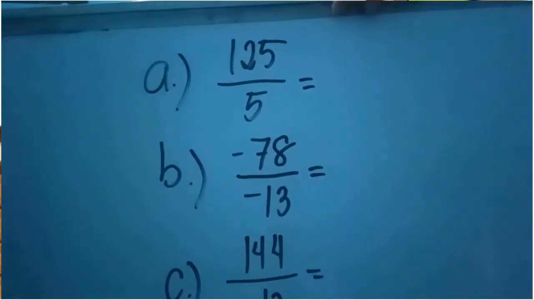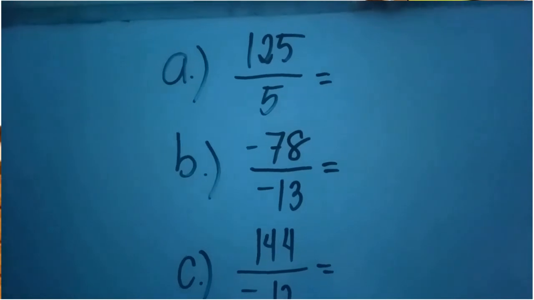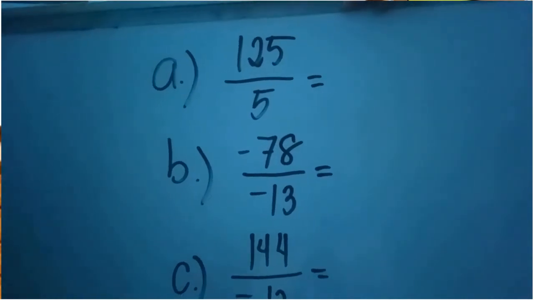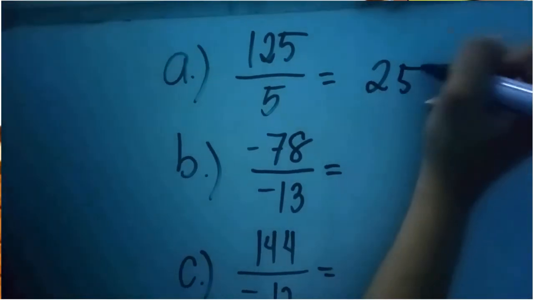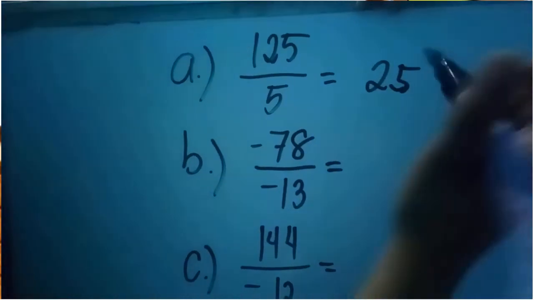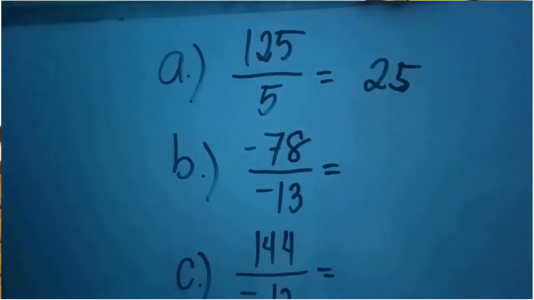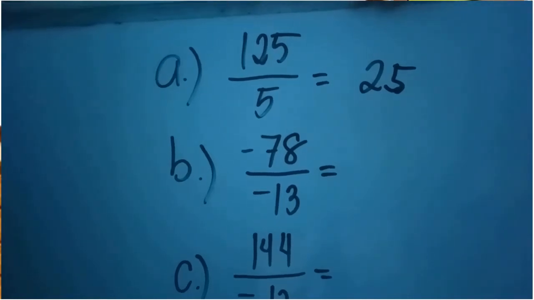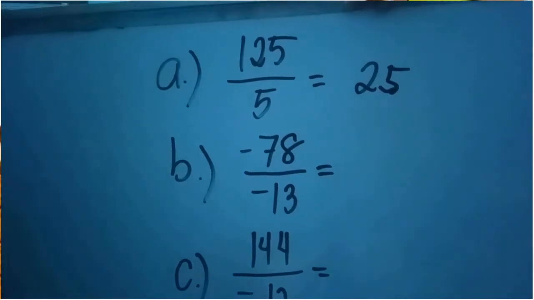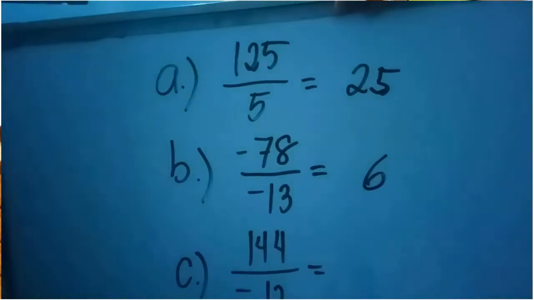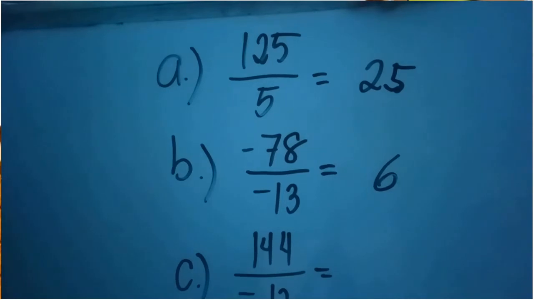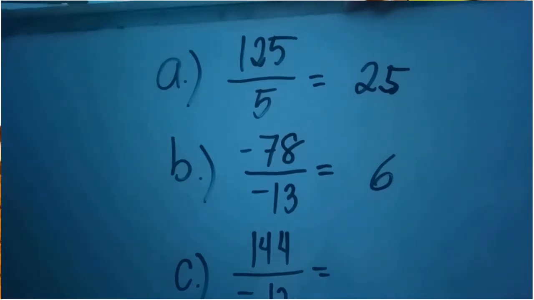Let us find the quotient of the following numbers. Letter A, 125 divided by 5 is equal to 25. You can see that the numerator and denominator have the same sign, so it is always positive. Letter B, negative 78 divided by negative 13 is equal to 6. They have the same sign, and like signs are always positive.